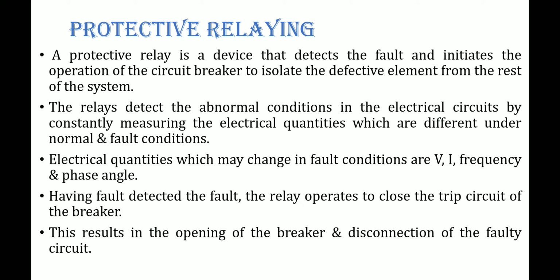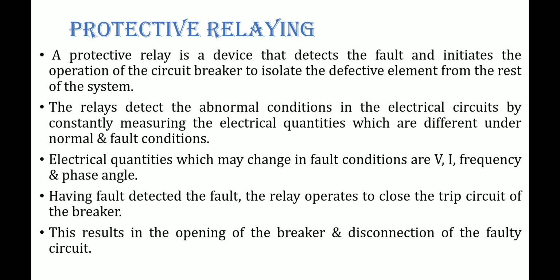Next, the relay detects abnormal conditions in an electrical circuit. How will we come to know about an abnormal condition? By constantly measuring the electrical quantities. Which electrical quantities are those? Voltage, current, frequency, as well as phase angle.